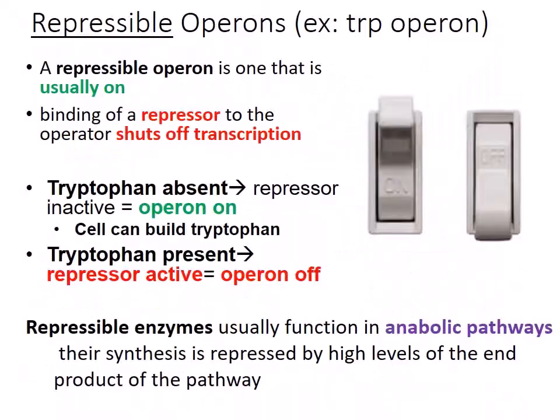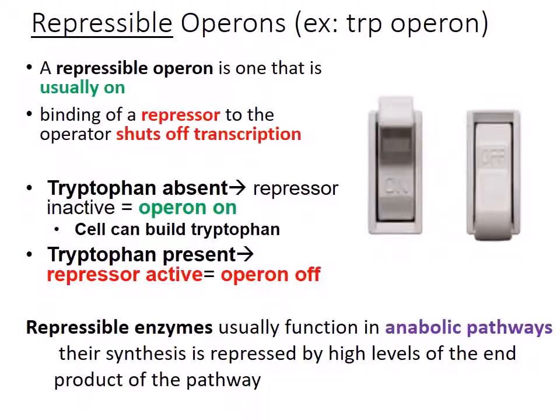A repressible operon is one that is usually on, but the binding of a repressor to the operator is going to shut off transcription, so it could be repressed or turned off. The trp operon is an example of this. If tryptophan is absent, the repressor is inactive, so the operon is on and the cell can build tryptophan.